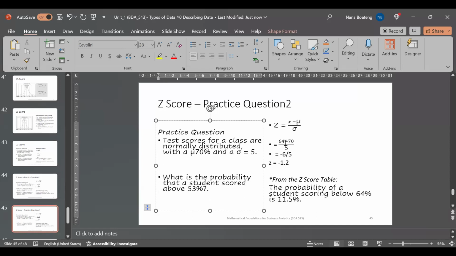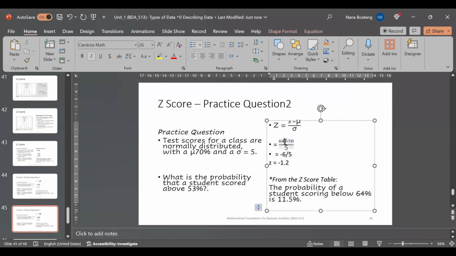So that means that this place will be 53. 53 minus 70 divided by 5. What does it give us? Minus 3.4.